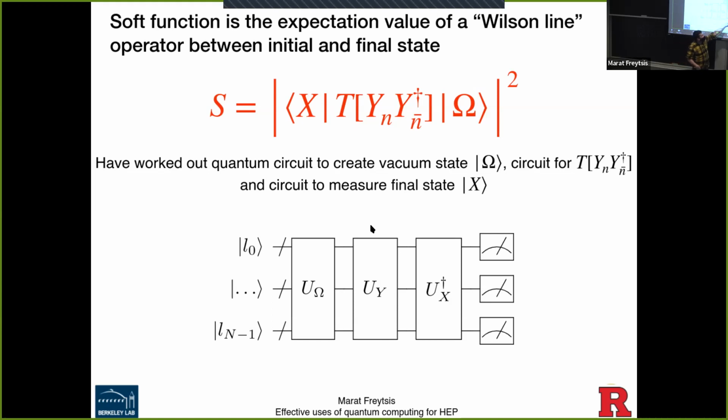And then I read out some final state by running the creation operator for that final state backwards, and I read out the state of my qubits. If I get all zeros, because I've uncomputed the state X, then that is telling me that I ended up in state X at the end of this dynamical process. I run this circuit many, many times to get statistics, and the fraction of times that I end up with an all-zero state at the end tells me the fraction of times that I actually ended up with the state X after running this particular simulation.